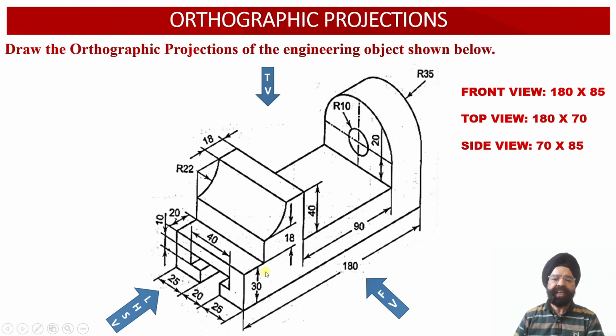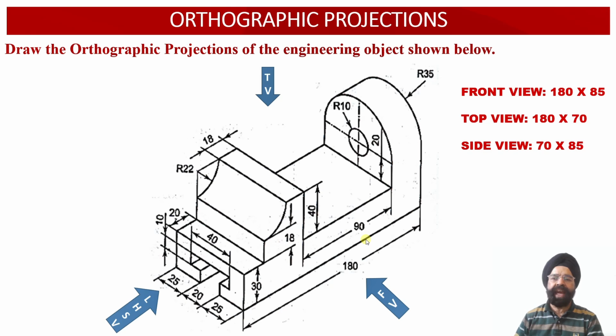The height corresponding to the left hand side portion is equal to 70 millimeter, whereas corresponding to the right hand side segment, the height is 30 millimeter plus 20 millimeter plus 35 millimeter. So the total height of the right hand side segment of the solid is equal to 85 millimeter.